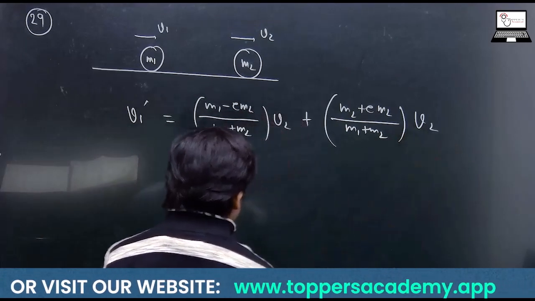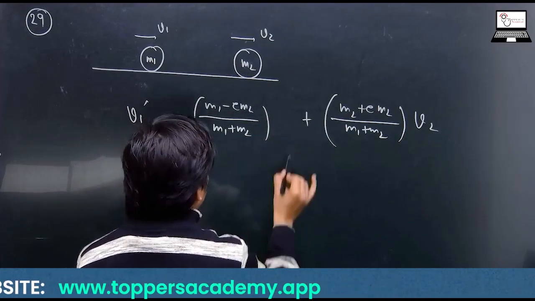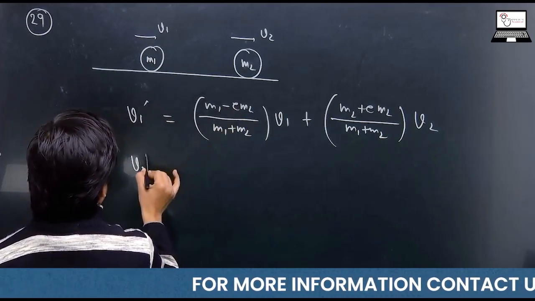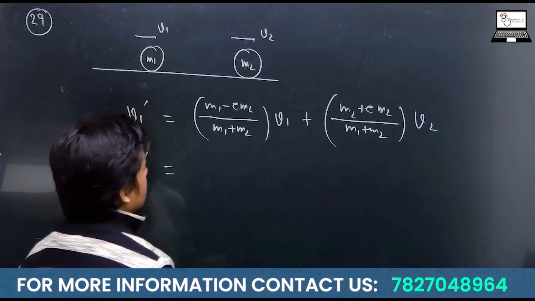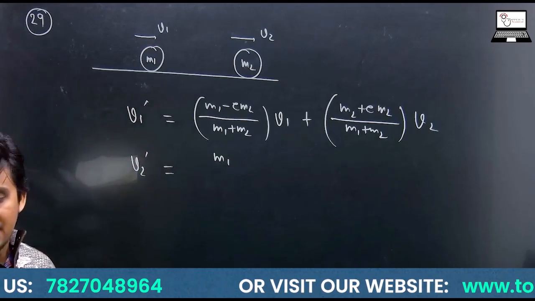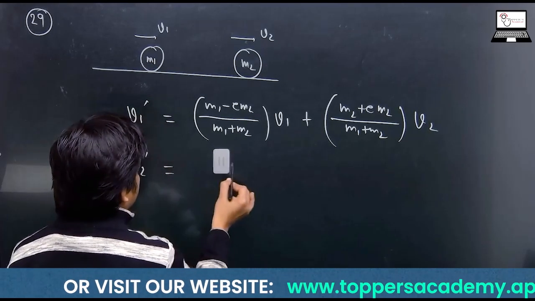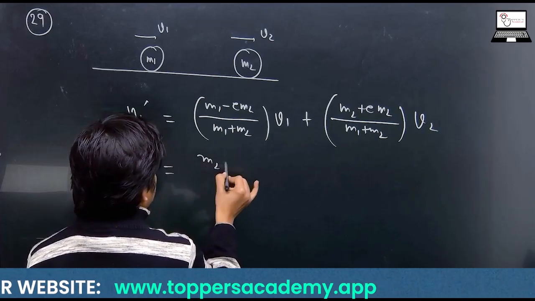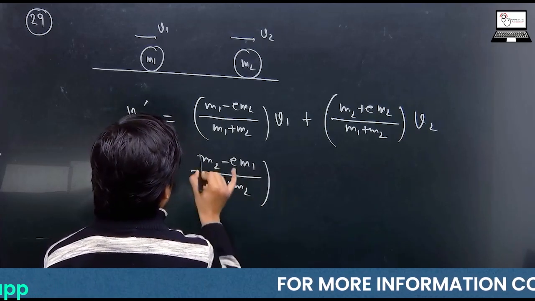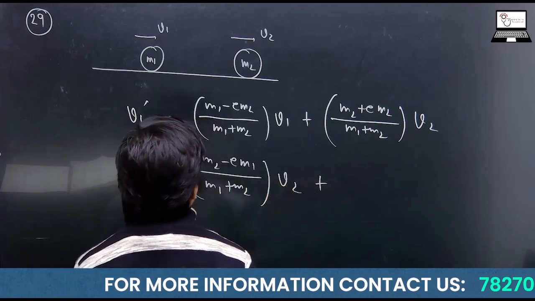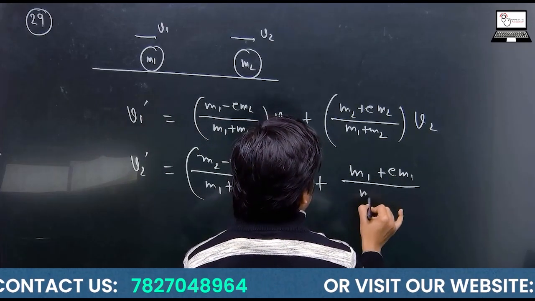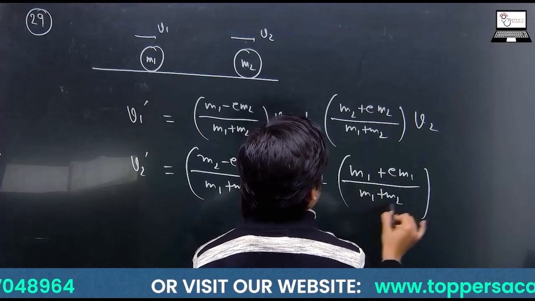And the velocity of the second one, v2 prime, will be (m2 minus e m1) divided by (m1 plus m2) into v2, plus (m1 plus e m1) divided by (m1 plus m2) into v1.